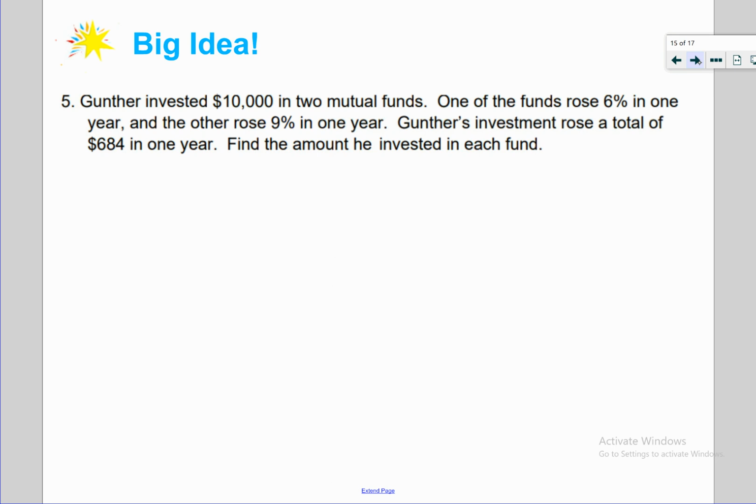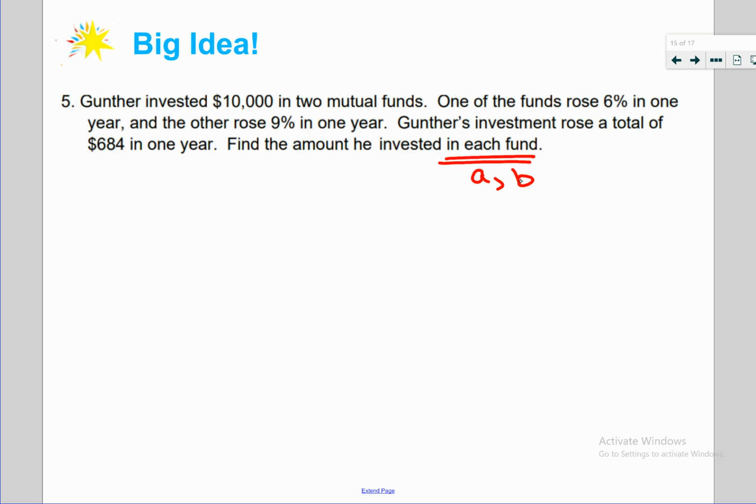Okay, first thing I need to know is what are my variables? What am I solving for here? The amount he invested in each fund. And this one, it doesn't matter what you call them. I'll call them Fund A and Fund B. Okay? That's how much money I'm putting into each fund.